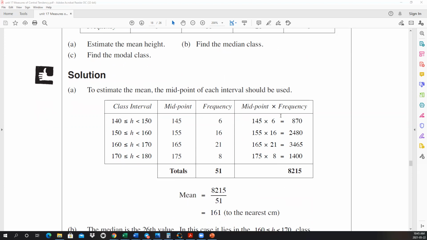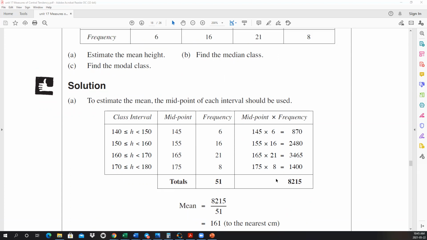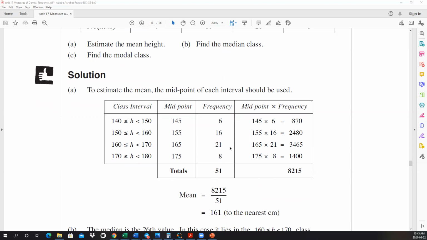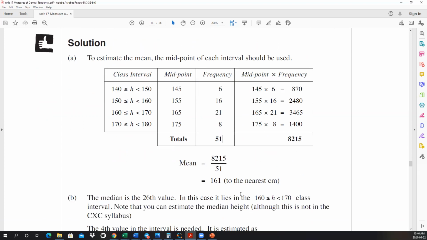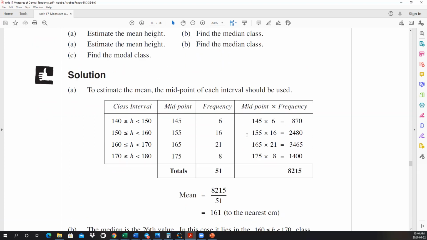So this total is the sum of the product of the midpoint and frequency. And then all you do here is take this number divided by the total frequency, and you get the mean, 161, to the nearest centimeter, because that's what it asks, I believe.